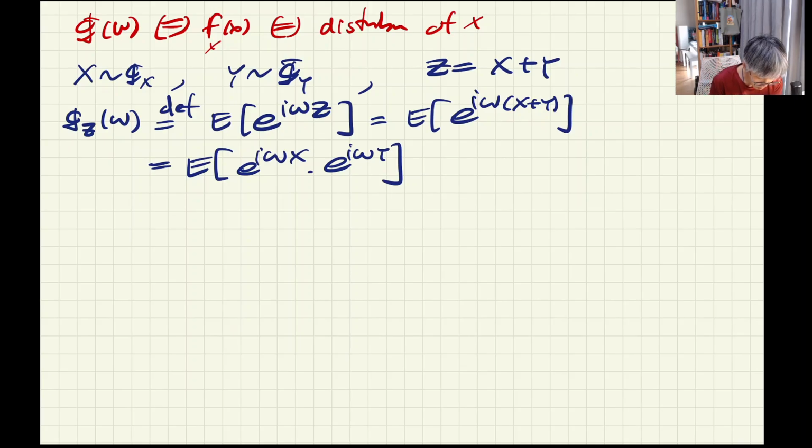I would like to note here that this expectation is with respect to the joint distribution of X and Y. Typically, it's the double integral of e to the i omega X, e to the i omega Y, times the joint distribution f of X,Y, dx dy.